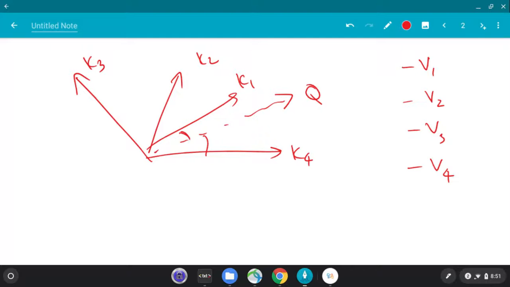It's essentially an angle between them. If the query is like this and a key vector is 90 degrees from it, then the inner product is almost zero. If they're orthogonal, it's going to be zero. If the key and the query are close to each other, this number is going to be high.